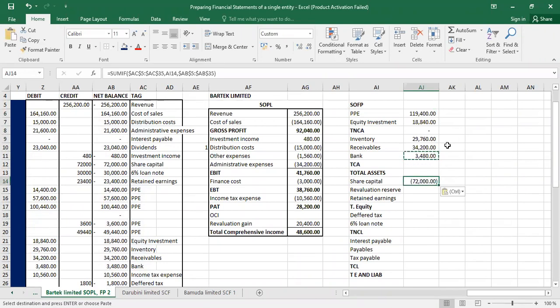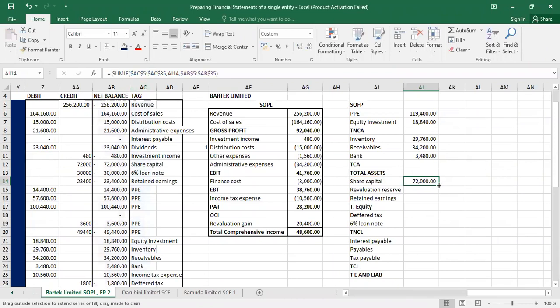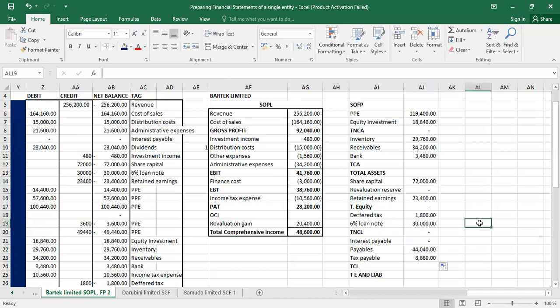So for the part of equity and liabilities, it needs a negative in front of the formula, isn't it? Control Enter. Then I drag up to there, isn't it?